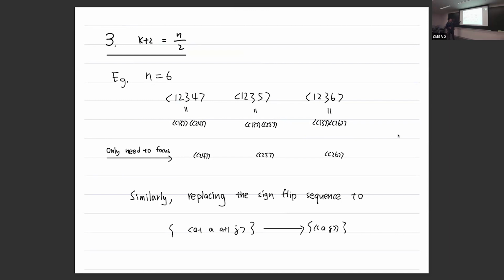We can first decompose it as 2-brackets, and we will find that this sign flipping sequence will share the 2-bracket 1,3. So we can just draw it out, focus on the sign flipping sequence of 2,4, 2,5, and 2,6. Similarly, all the sign flipping sequences a, a+1, j can replace with 2-bracket a, j.